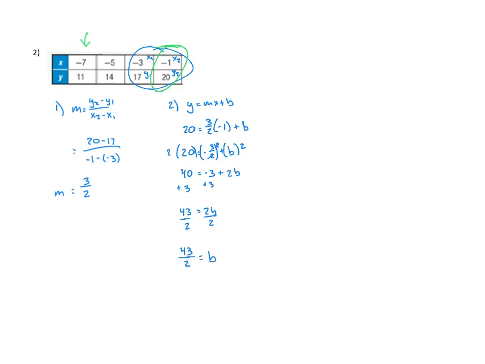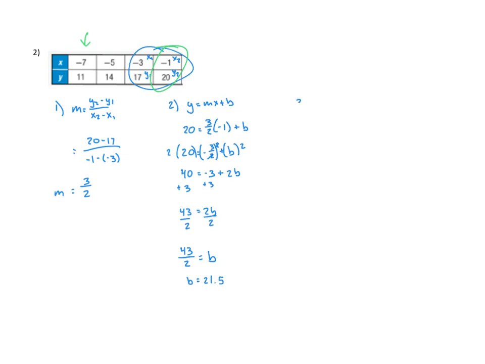That's our y-intercept. Now this is the only acceptable time when I will allow you to get out your calculator, because this fraction is just horrid to graph. So you may get out your calculator at this point only and turn that into a decimal, which gives you 21.5.